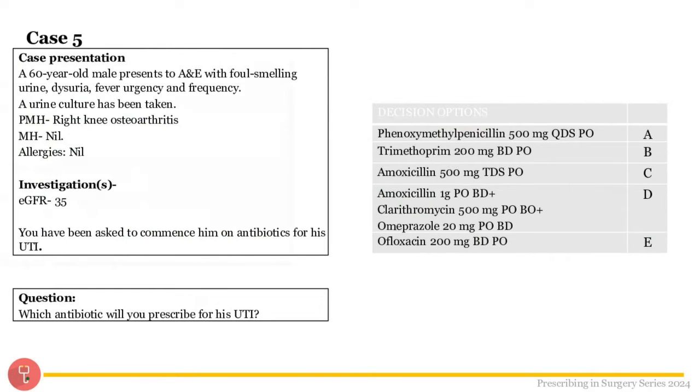So far, 100% of people going for B, trimethoprim BD, 200 milligrams. Any more responses?